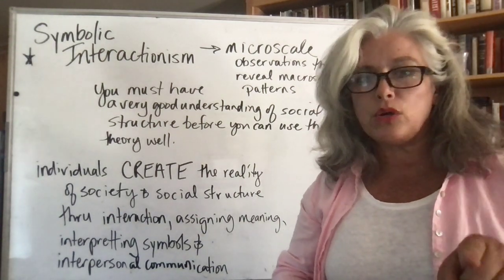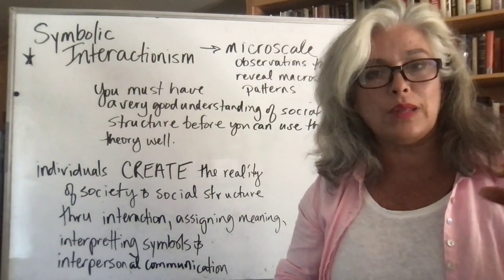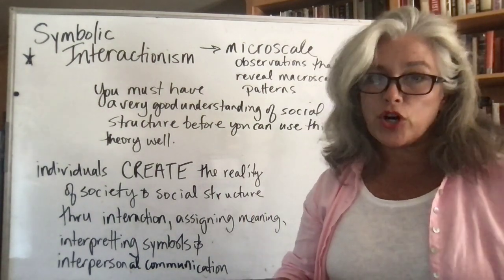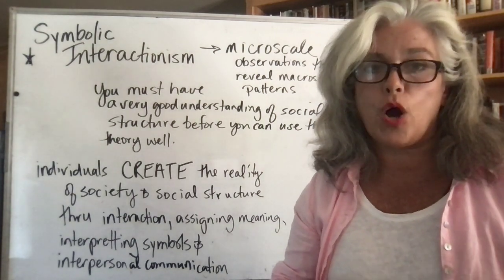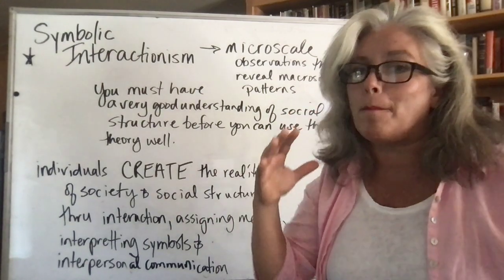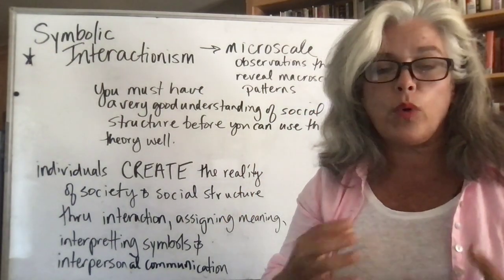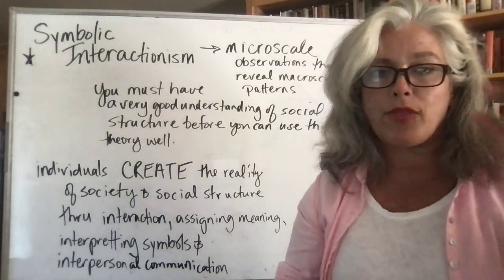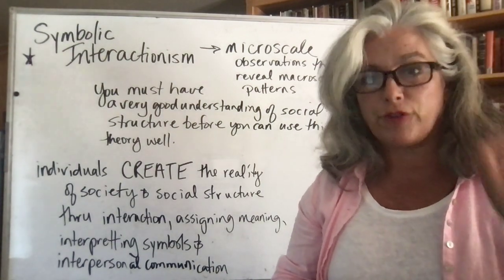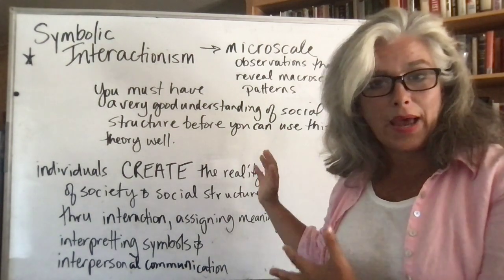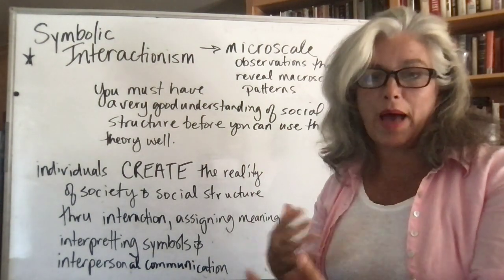And so if you are a sociologist who likes symbolic interactionism the most, you first have to develop your own preference for an interpretation of social structure on the macro scale, whichever one of the theories makes sense to you about how to interpret social structure on the macro scale. You have to first decide that, and then you can employ this observational pattern.